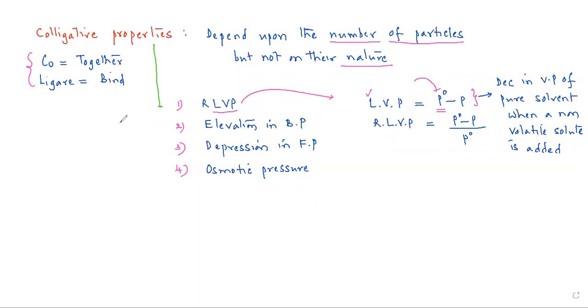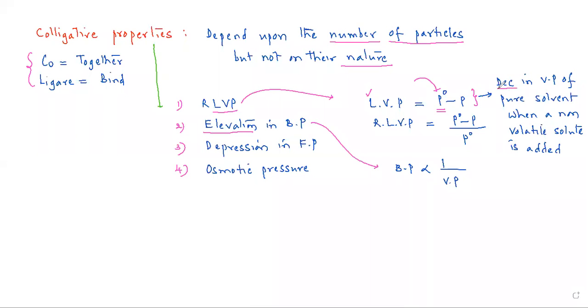Now we know that when vapor pressure decreases, obviously the boiling point increases, isn't it? Because it is very clear that boiling point and vapor pressure are inversely proportional.